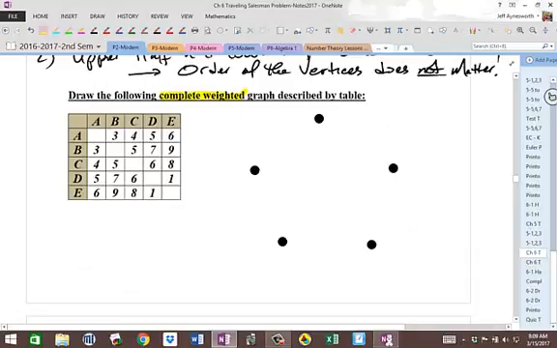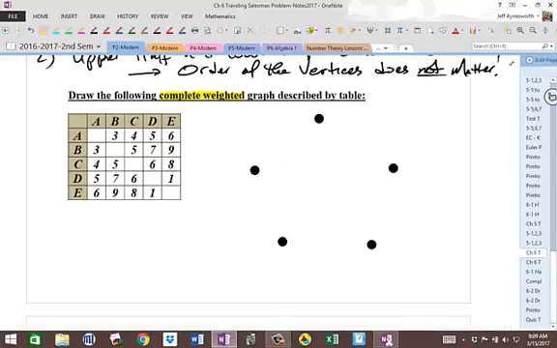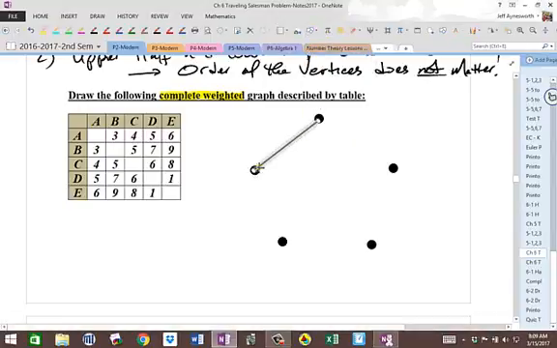All right, so here we go. Now, first of all, we're going to draw the graph first, and then we will fill in the weights. So grab your straight edge if you have one. We're going to draw the complete graph here first. So every vertex is connected to every other vertex. This is K5 in this diagram right here.